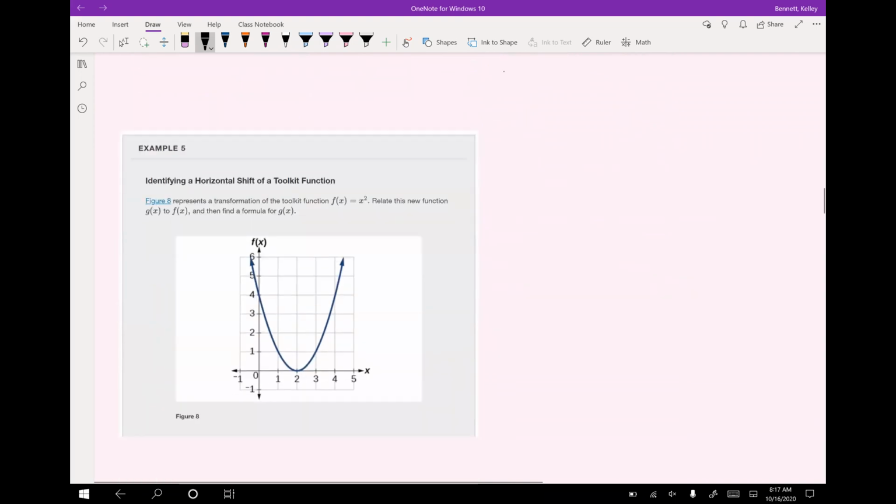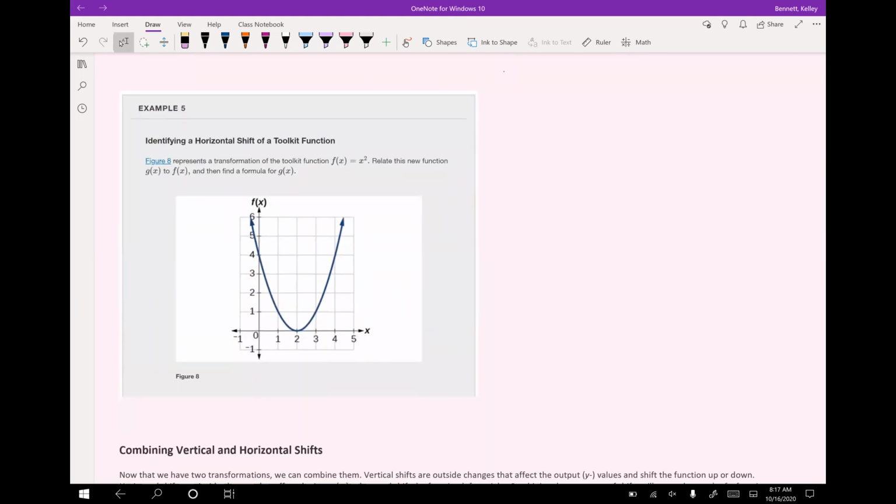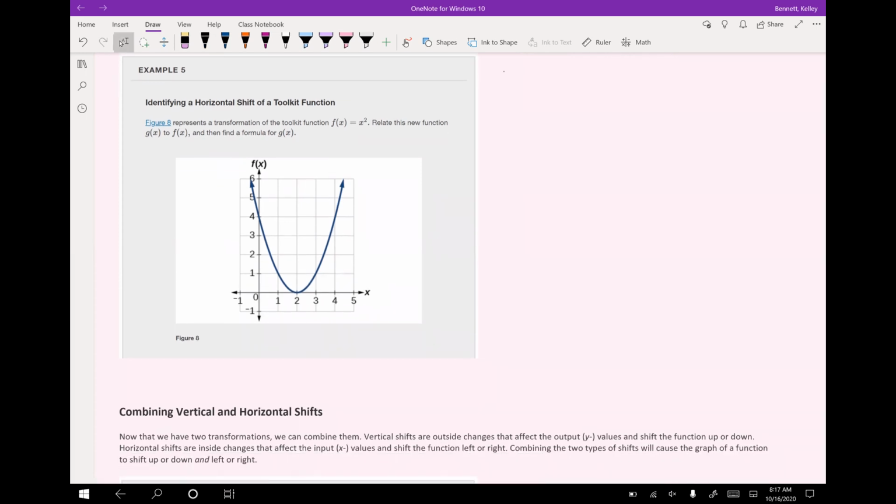So next, from a toolkit function, we want to be able to identify a horizontal shift. So this parabola, typically a parabola will just sit at the origin.